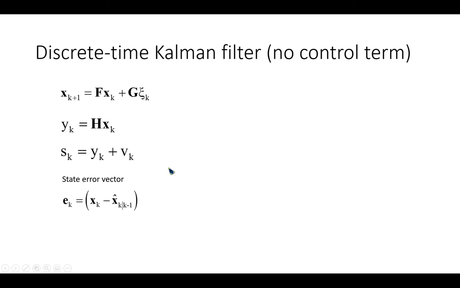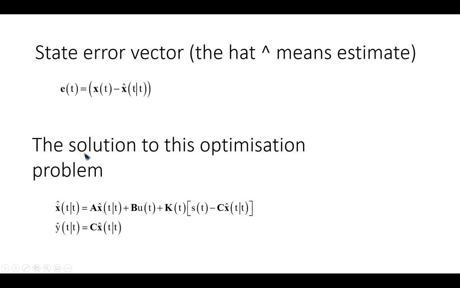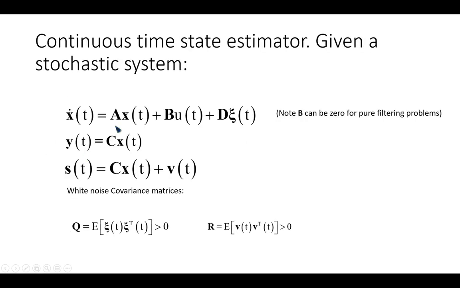So when you go to discrete time or sampled signals, which is what we're interested in, I'm going to come to the Kalman filter. This is the system description, which changes from what we had here, which was x dot equals Ax plus Bu. I'm missing out the B term because we don't really need that. So x dot equals Ax plus D psi.